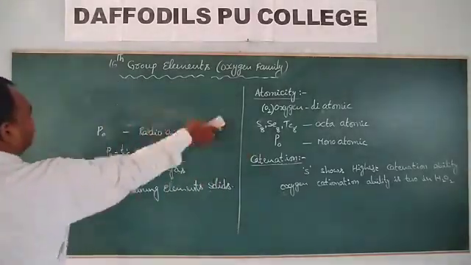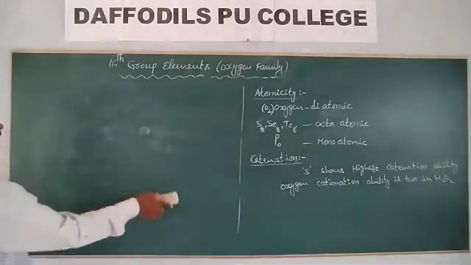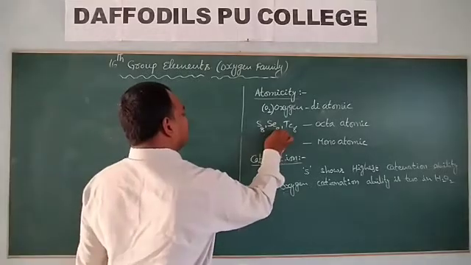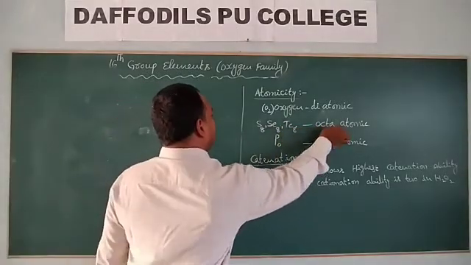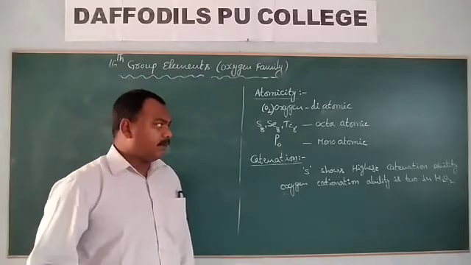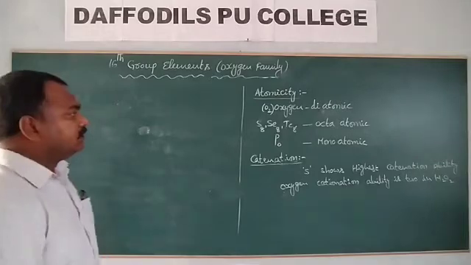Next, we look at some structures of these octaatomic molecules. Sulfur, selenium, tellurium are octaatomic, means they form a molecule by the combination of 8 atoms.